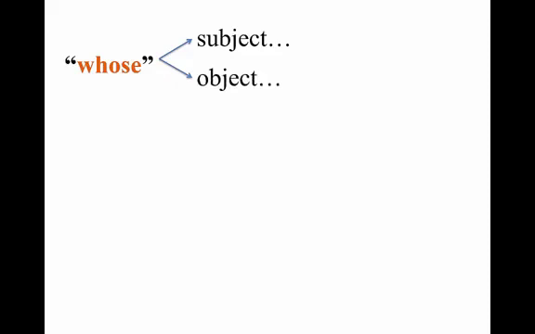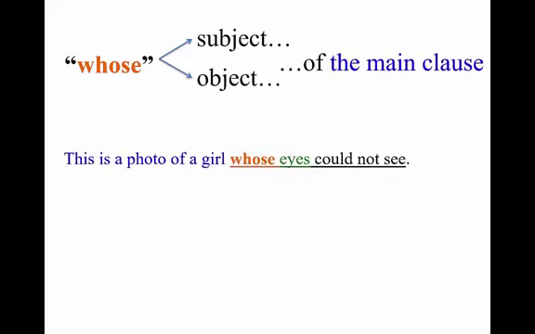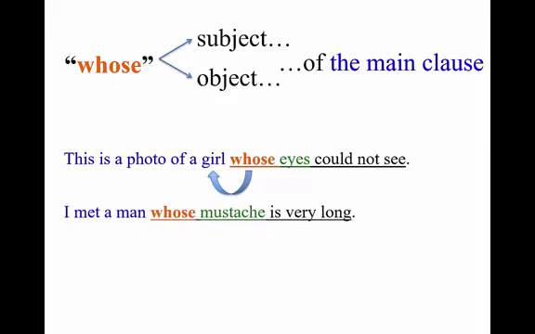So we know that whose represents a noun. In adjective clauses, whose can represent either the subject or the object of the main clause. This is a photo of a girl whose eyes could not see. Whose represents girl. I met a man whose mustache is very long.